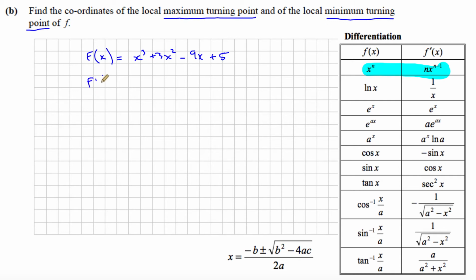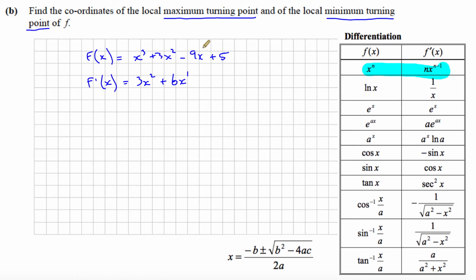To find the derivative f dash x of a polynomial, we differentiate each term individually. So the differential of x cubed, bring the power to the front and reduce the power by 1. So it's 3x squared. Plus, bring this power to the front, times it by the 3, 6, x to the power of 1 if you like.